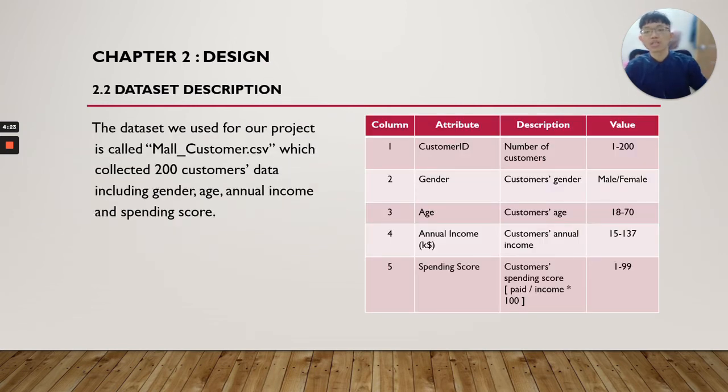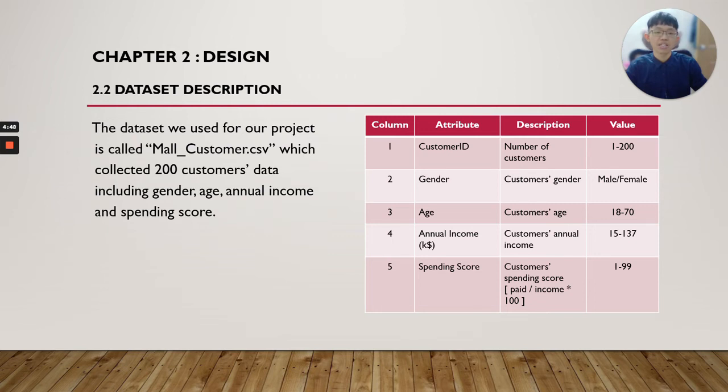Coming to the dataset description. The dataset we use for our project is called Mall Customer, which collected 200 customers' data including gender, age, annual income, and spending score. Beside the table, we can see the dataset description.